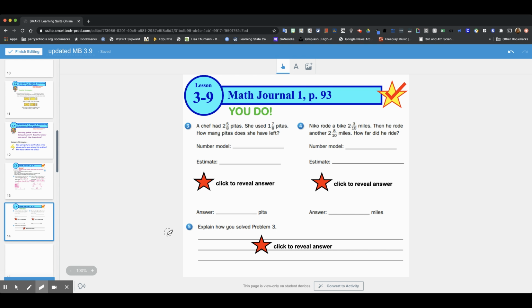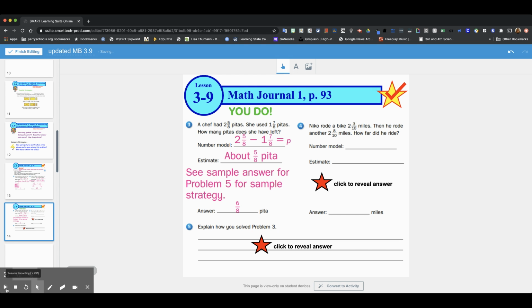And then number 5 is for you to practice explaining in words how you solved problem number 3. Pause your video now and then come back and check. Number 3, your number model should look something like 2 5/8 minus 1 7/8 equals P. Of course, you could use a different letter to represent your unknown, but the estimate should be around 5/8 pita.